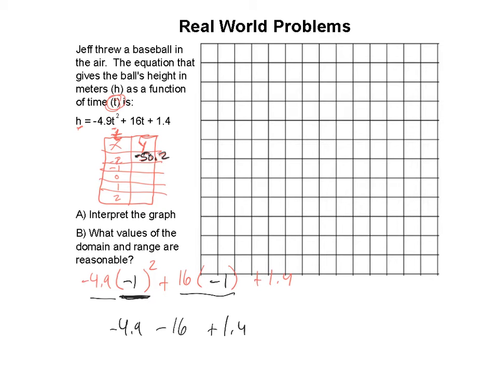Plus 1.4. So let's pop that into our calculator, those three pieces. We get negative 4.9 minus 16 plus 1.4. We get negative 19.5.